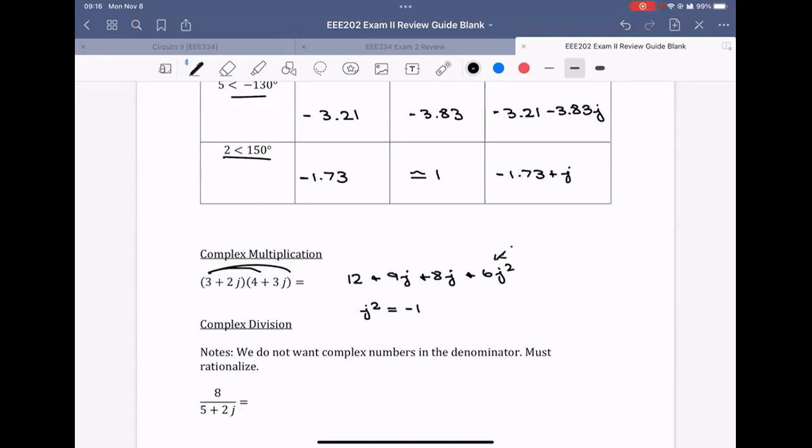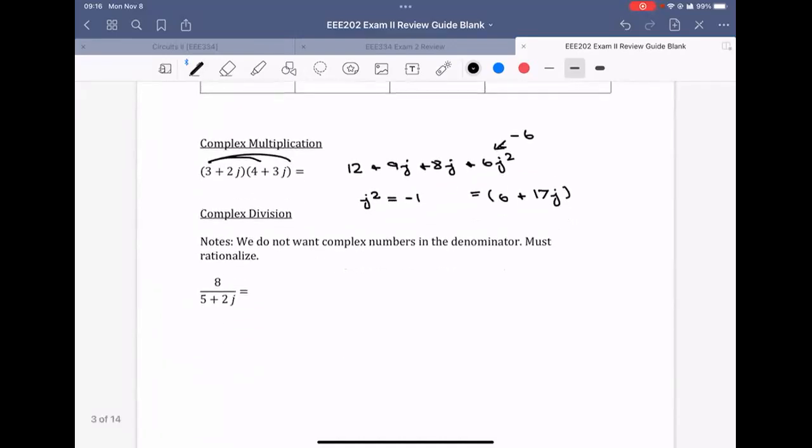Now we can just add that to the 12, so we end up with 6 plus 17j as our final answer there. Remembering that j squared is -1 is really, really helpful. J to the 4th is positive 1. That'll help out, though you're probably not going to see more than j squared.